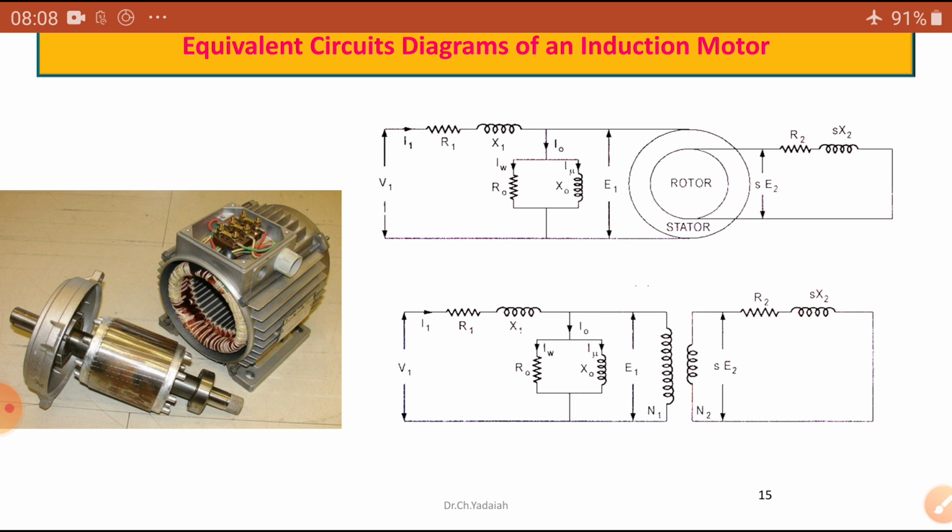And the purpose of blocked rotor test is to find the parameters R1 and X1, R2 and X2, that is Z01, that is called R01 plus jX01, referred to the primary side or sometimes referred to the secondary side also. Okay. So, we will see that one.